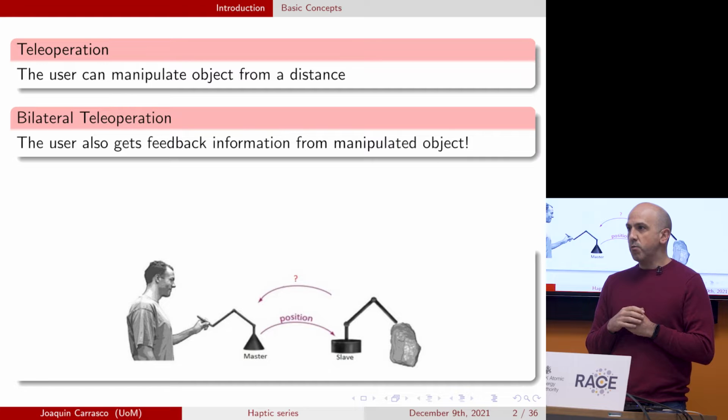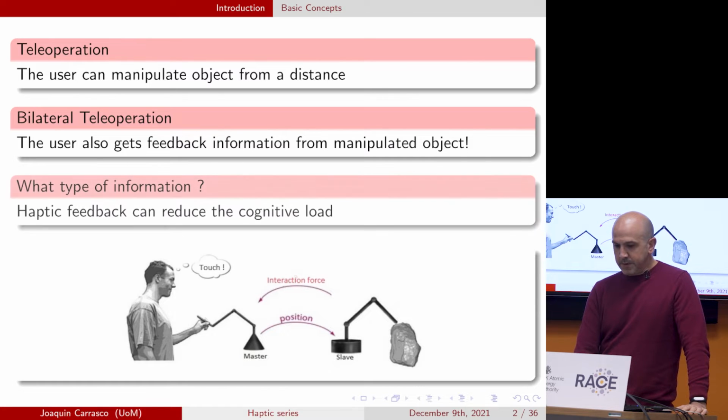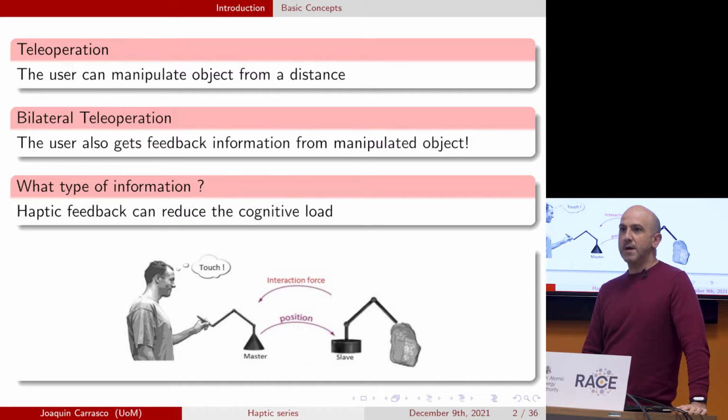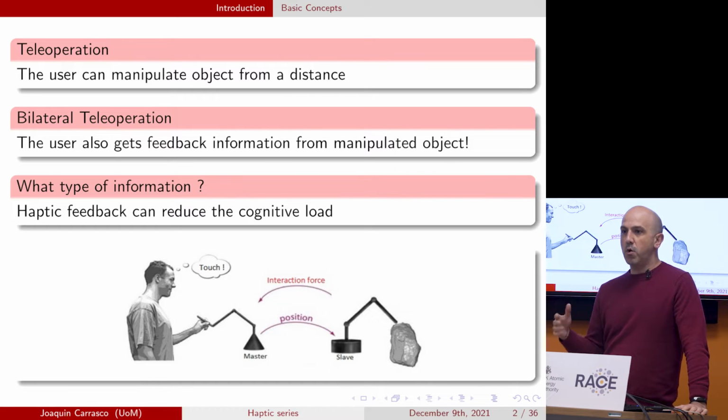So we want to teleoperate the robot at a distance, but we also want to send back some information to the user. A nice information that we can provide is haptic feedback. Therefore, we reduce the cognitive load. It is not all based on images. It's also getting a little bit more tactile information about the environment.